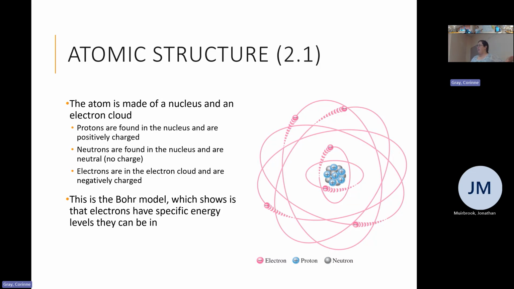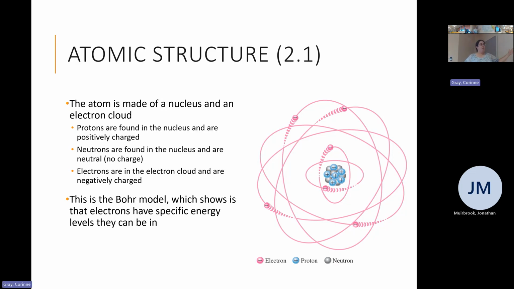But if we look at it, we can see that there's some electrons a little bit closer to the nucleus, and we have some electrons a little bit further away. Those distances are telling us that there's a specific energy level that an electron can have. This is something that is atom-based. You can hand solve hydrogen with the Bohr model, nothing else. The beautiful model that poorly works out.